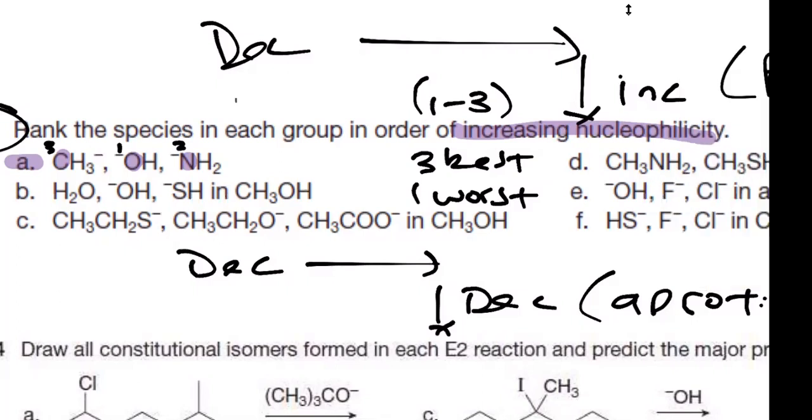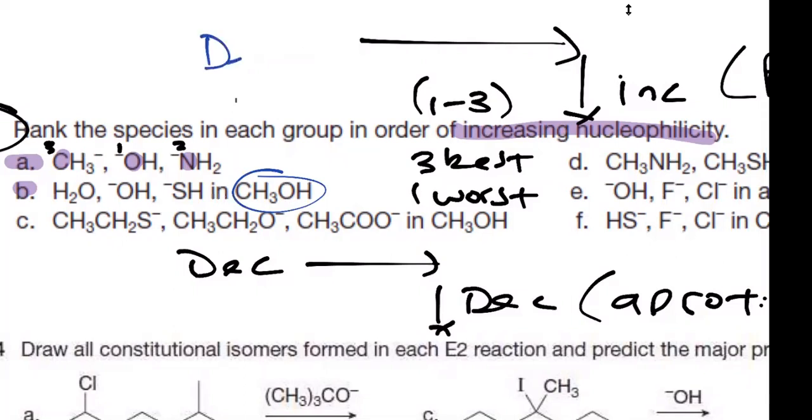All right. So let's look at B. B asks the same question, but now you're in a different solvent. Now you're in methanol as your solvent. Big difference. Now we're in a protic solvent, so the trend is going to be different. The trend from left to right is going to be the same, decreasing from left to right.